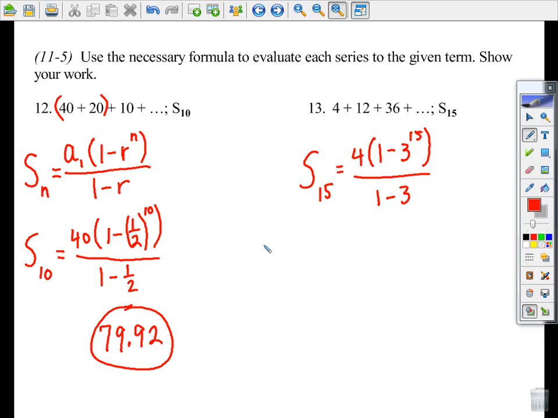And this time we're going to do 4 parentheses 1 minus 3 raised to the 15th power. And I'm just going to say divided by -2 instead of putting divided by 1 minus 3. And my result is 28,697,812.